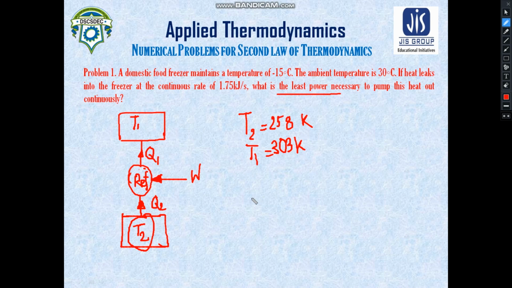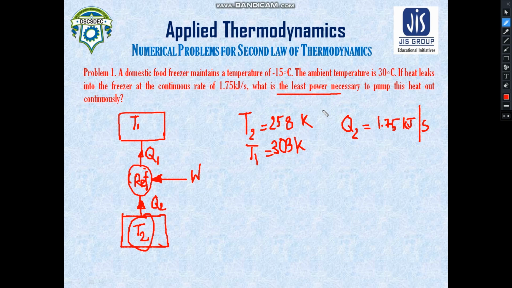It is quite observable that this Q2 is nothing but this 1.75 kilojoule per second. Now the question is, what is the least power necessary?